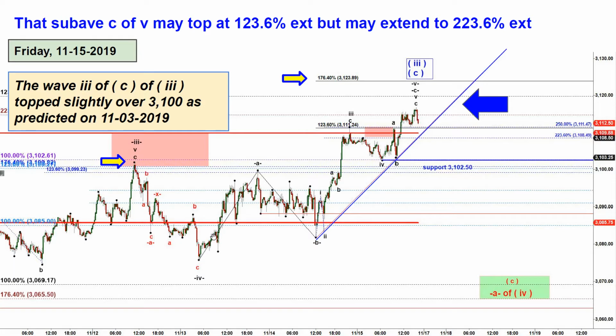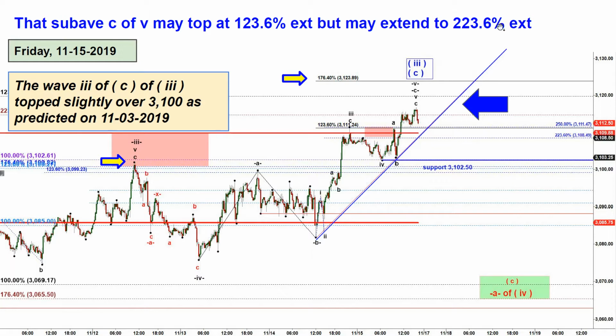It was a perfect A up, B down and C up, and that could be the top of subwave C of wave 3. In many cases, you cannot predict in advance what would be the top: 123.6, 176.4 or 223.6% extension.